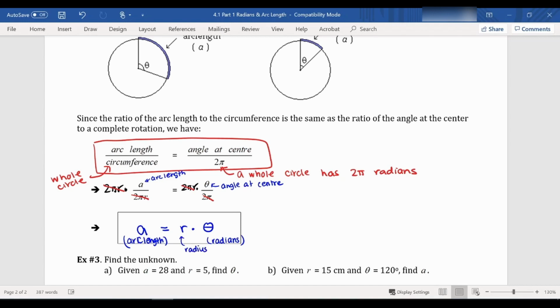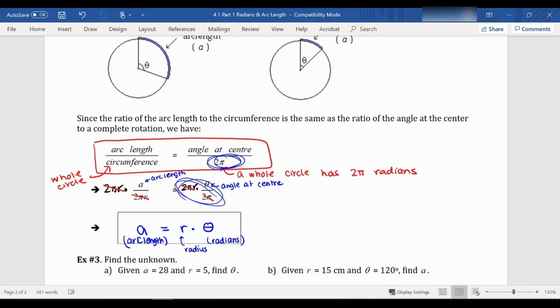So I can find the arc length of a circle if I take the radius and I multiply it by the corresponding central angle for that arc length. The corresponding angle must be in radians for this equation to work. If we changed this 2 pi up here to 360 degrees, what would happen is when we get to this step, the 2 pi's would not cancel out because we wouldn't have a 2 pi on the bottom.